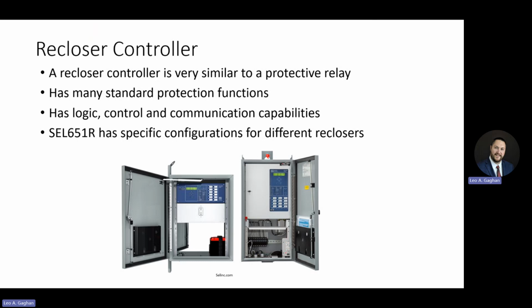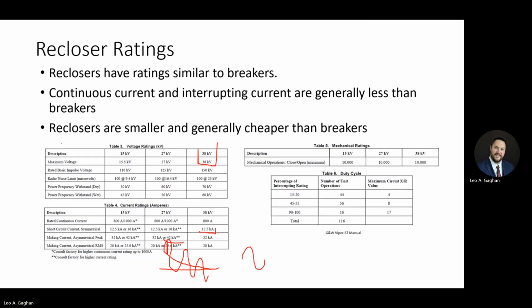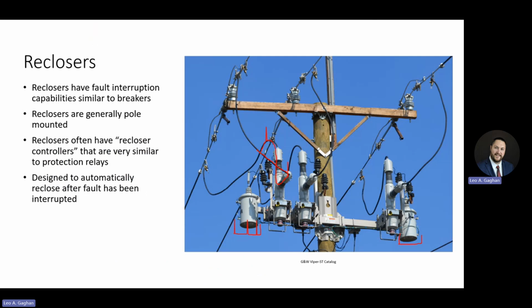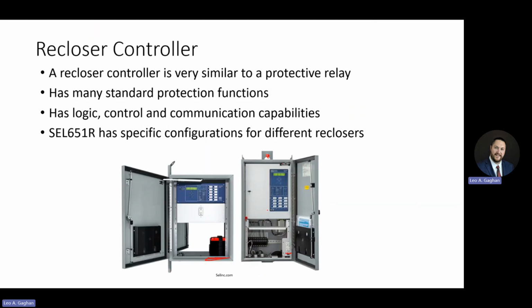It's got a receptacle if you want to plug your laptop in. It's got a battery right here. If voltage is lost from the VT here, it can keep itself powered for a period of time. Other breakers in here, to isolate things.